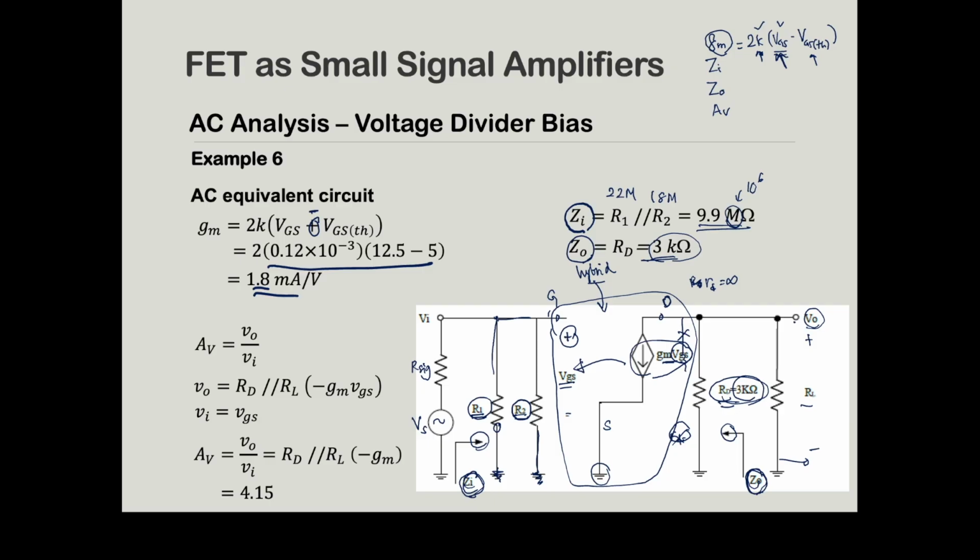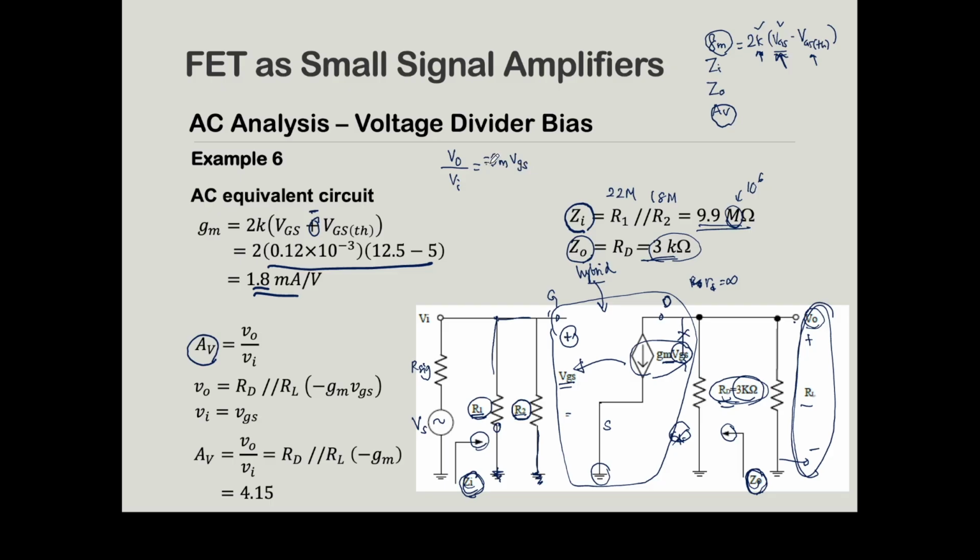Okay. Next, we need to find the value of Av, which is the gain. We know gain is the voltage at the output divided by the voltage at the input. So what is the voltage at the output? This is our output, right? To find the voltage of our output, we're going to use negative gm VGS.